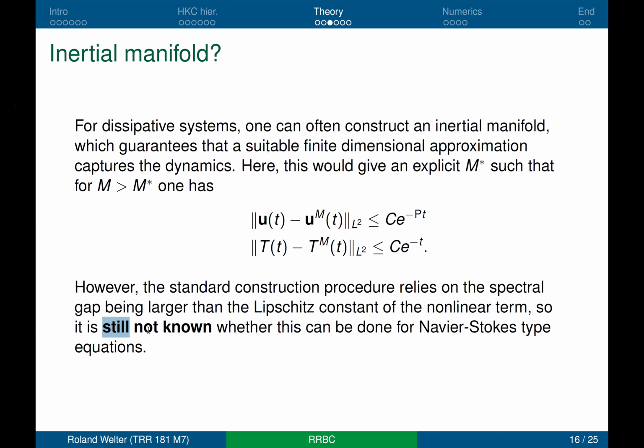But it is still not known whether this can be done for Navier-Stokes type equations.